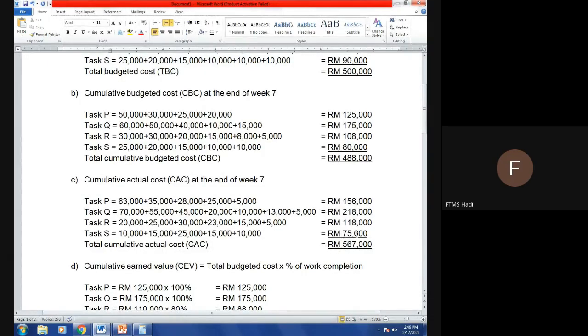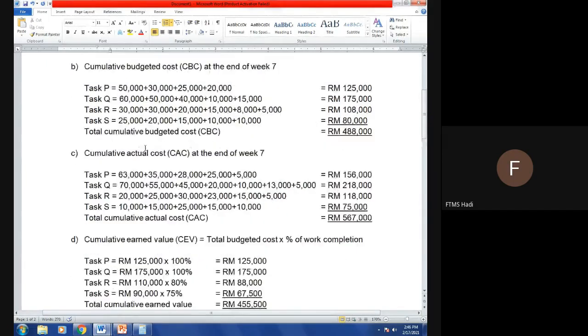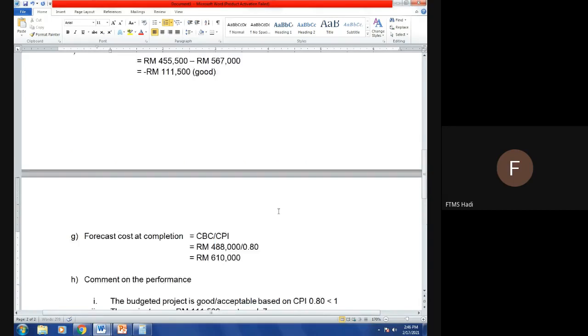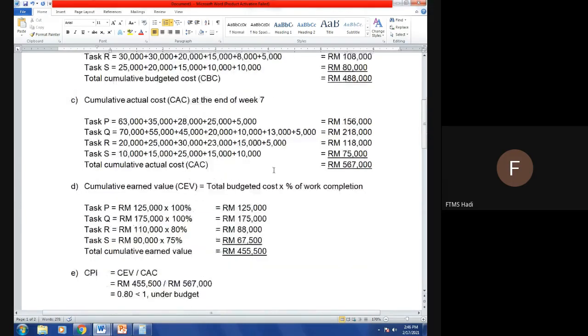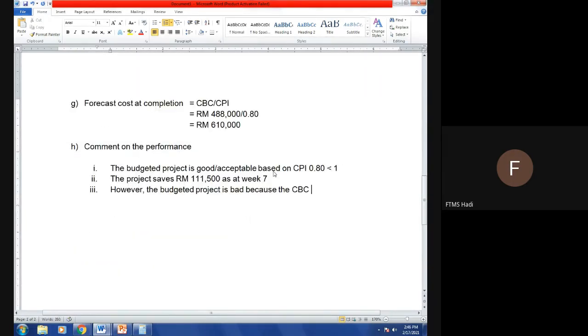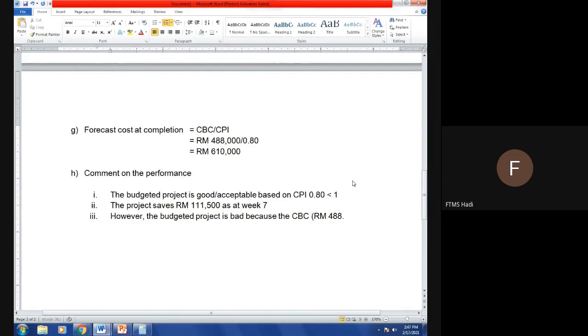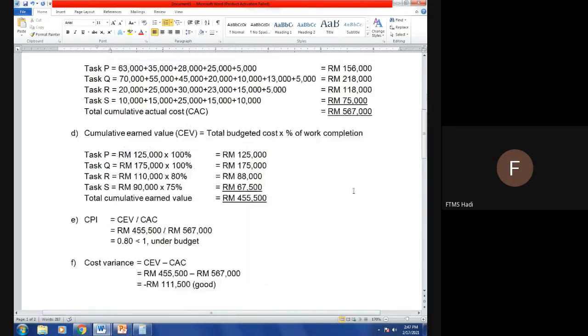However, it is bad, because the CBC, cumulative budgeted cost, RM 488,000, is less than CAC, cumulative actual cost, 567,000.